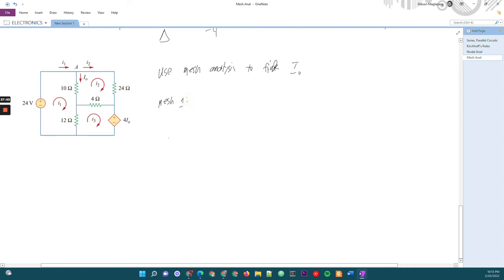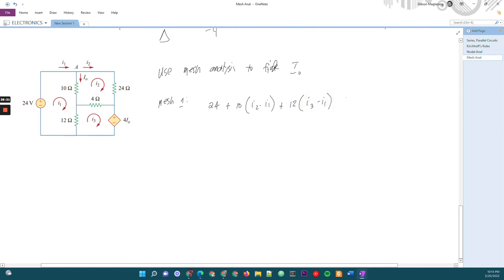Okay, so for mesh 1 we have, using KVL, 24 plus I2 minus I1, right, plus 12. Okay, so we have I3 minus I1, I3 minus I1.